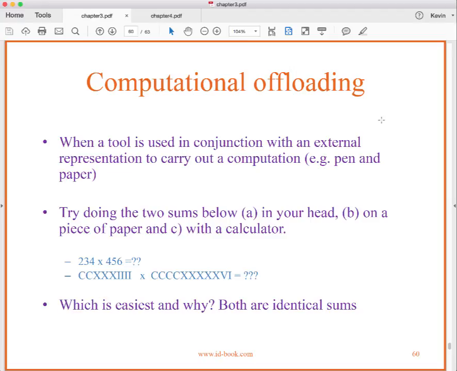Now, probably this is going to display it in Roman numerals, and perhaps that's going to be inconvenient for us to read yet again. But there's nothing to keep us from taking that kind of computational work, which is fairly hard for us to do, and offloading it to a computing device.